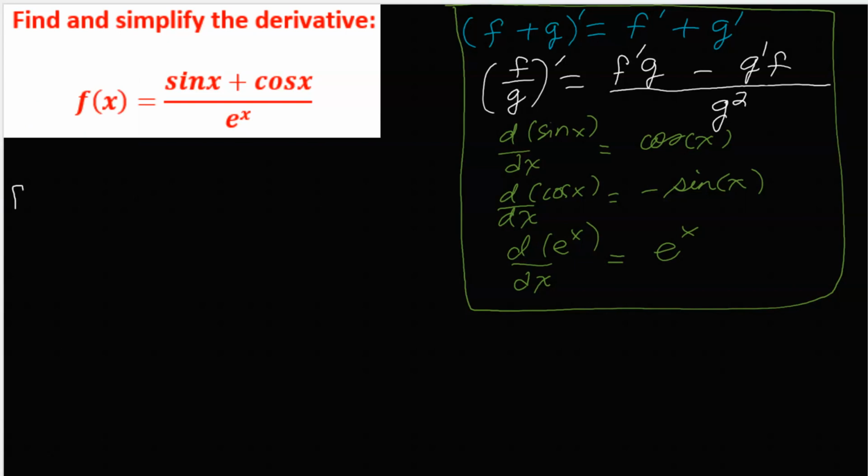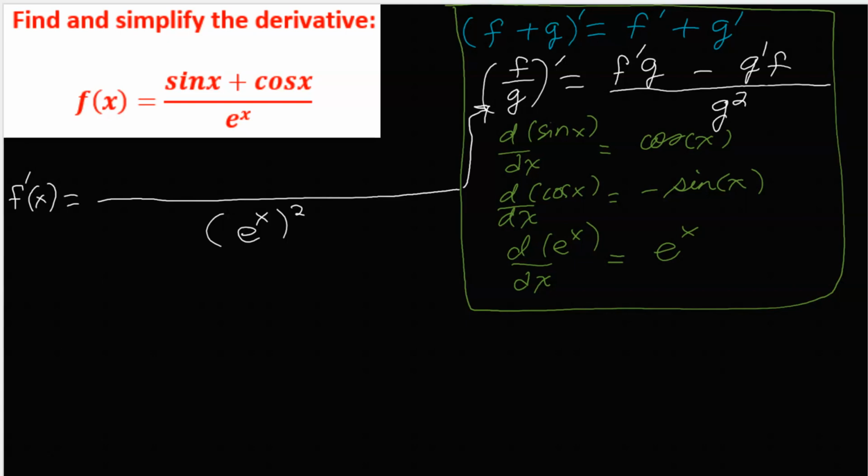So then the derivative of f of x is, I know from the beginning that the bottom is going to be the denominator squared, so e to the x squared. Okay, so applying the chain rule here, I mean, not chain rule, the quotient rule here.